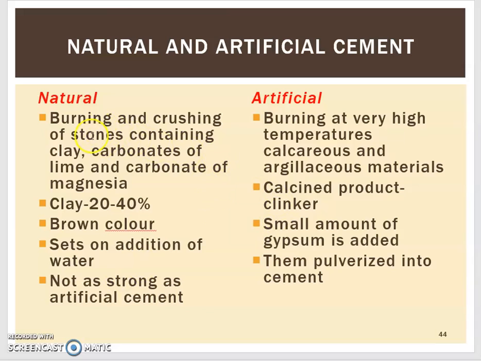Natural cement is obtained from stones, okay, by burning and crushing the stone. Now these stones should contain clay, carbonates of lime and carbonates of magnesia, okay. These will have a typical brown color, and as soon as you add water to it, it should start setting. Now primarily these natural cements will not be as strong as the artificial cement.